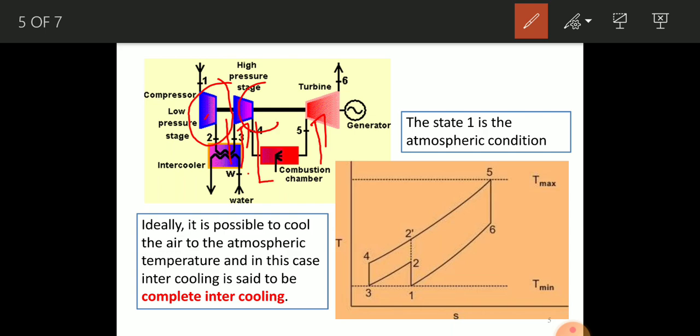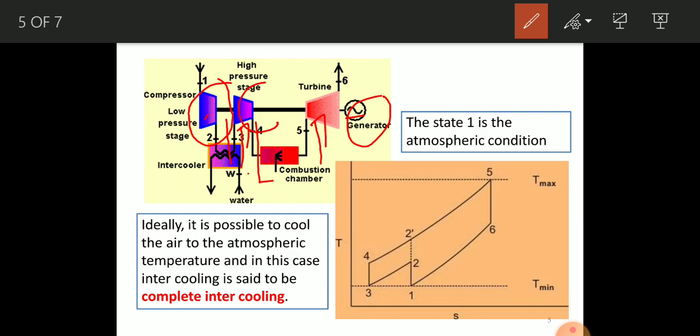It will start rotating and generate power, which is coupled with the generator to produce electricity. Finally the air is cooled in the cooling chamber and passes through the low pressure compressor, and this will go on repeating.